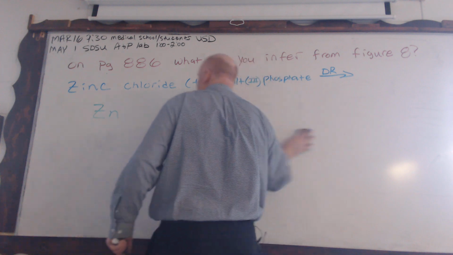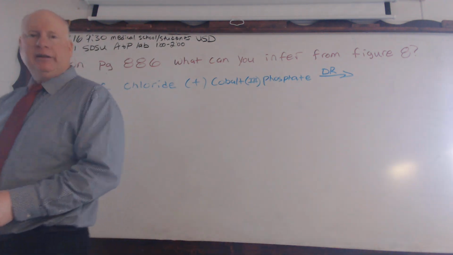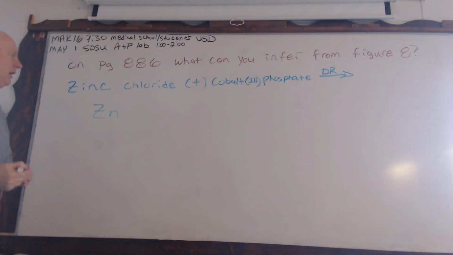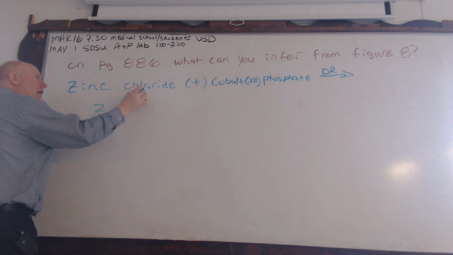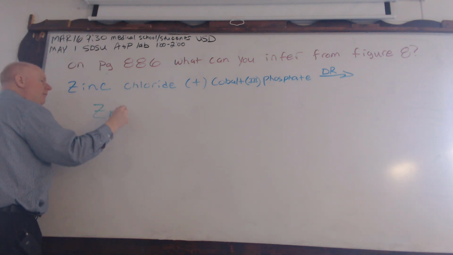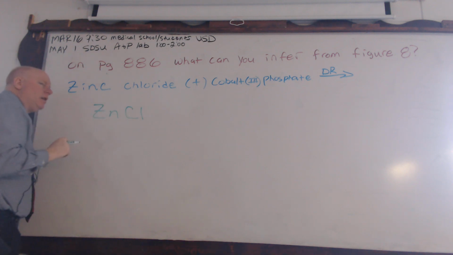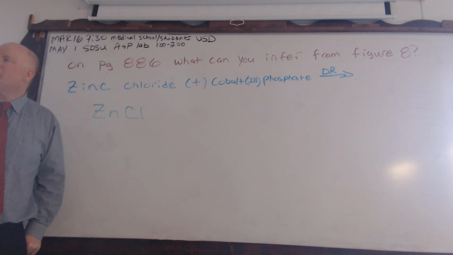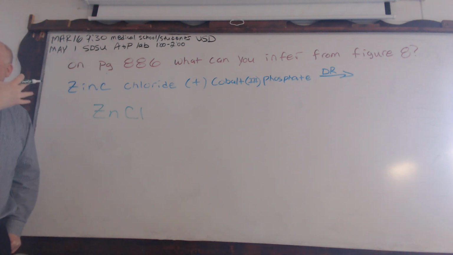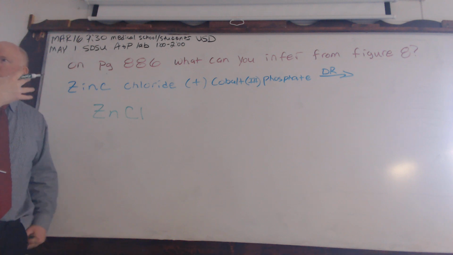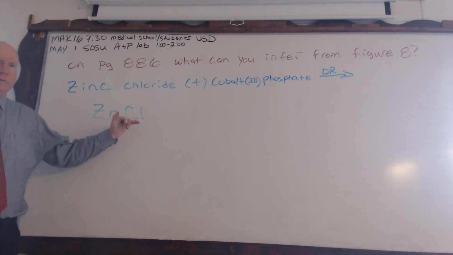Okay, so regardless, we've got zinc, and then what's the chloride ion? Okay, do you want to write out everything first, then come back and balance out the compounds, or do that as we go?